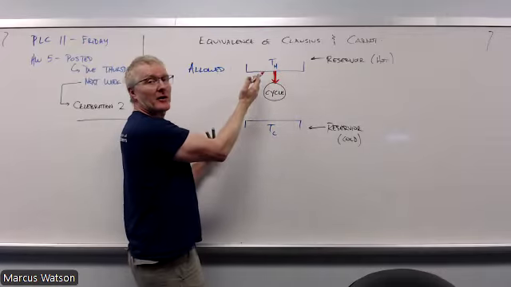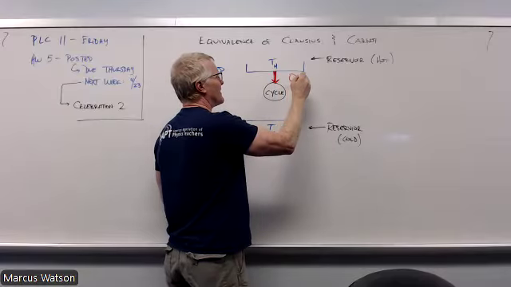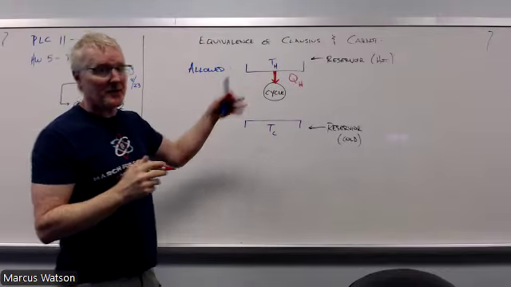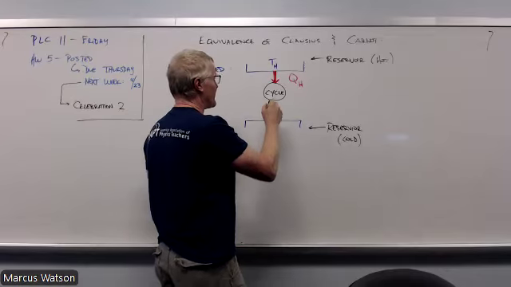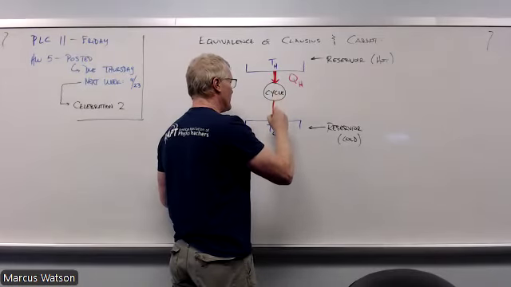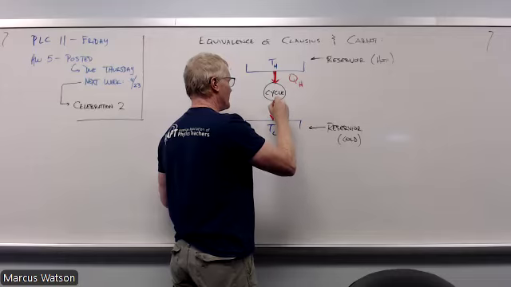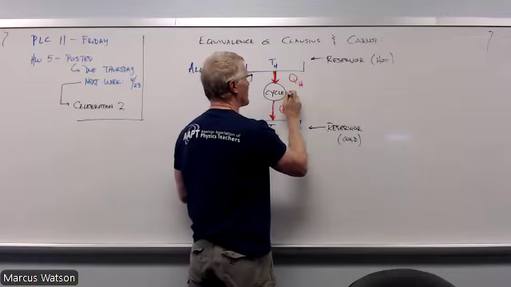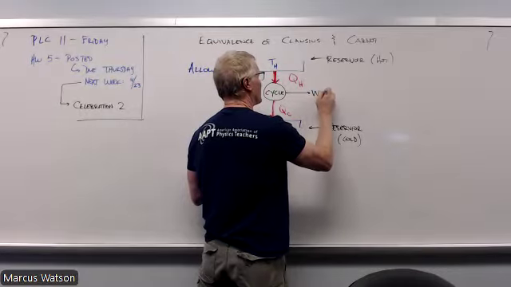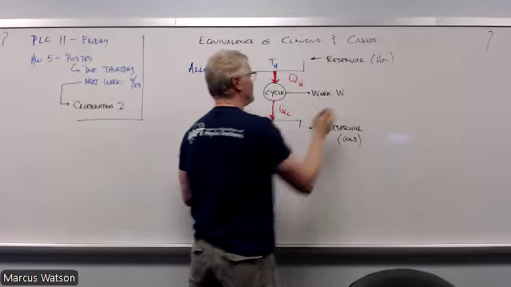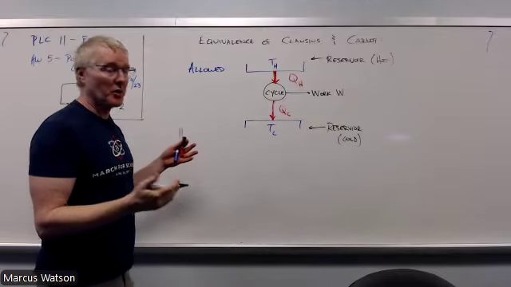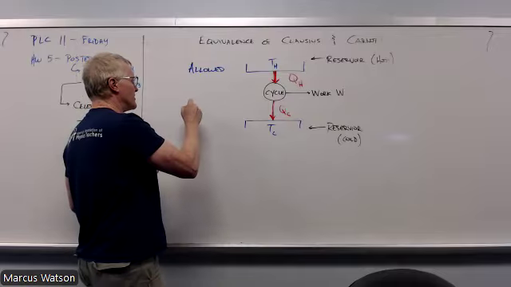Since it's heat coming out of the hot reservoir, that is Q with the hot. We're then going to take some of that, transfer it into work, and then dump the rest. The rest gets dumped into here. This is called the cold reservoir, so that heat transfer is known as the cold heat transfer. And what we have is work which comes out. So this is a process by which heat can be transferred into work. And this is known as a heat engine.